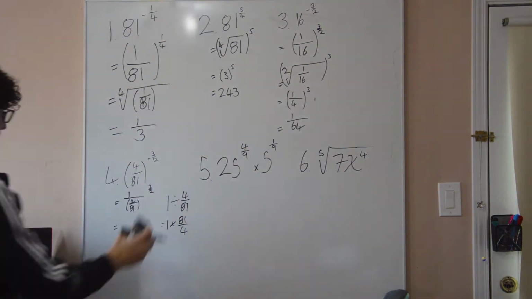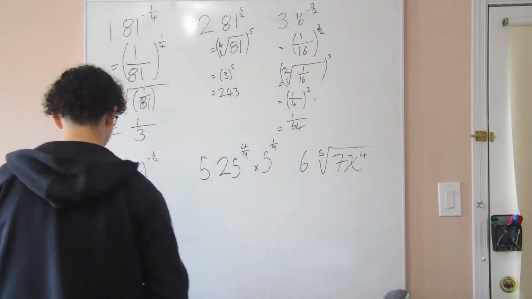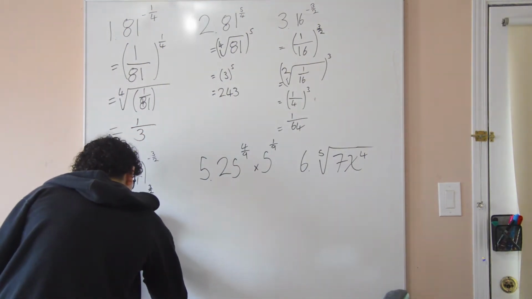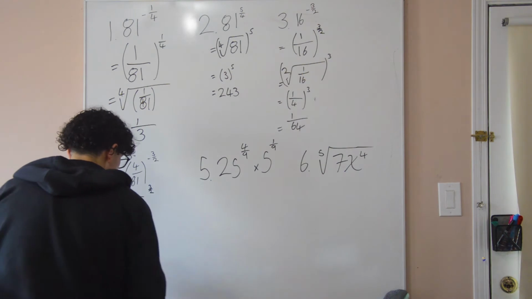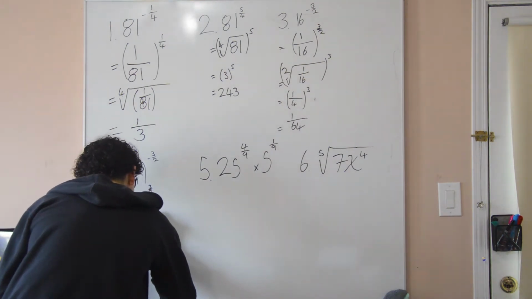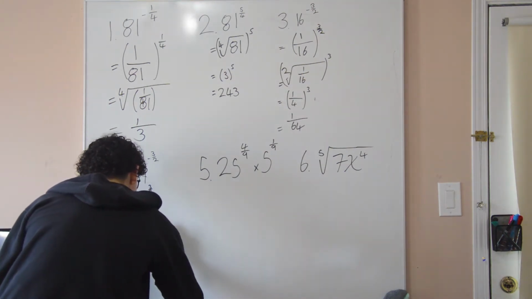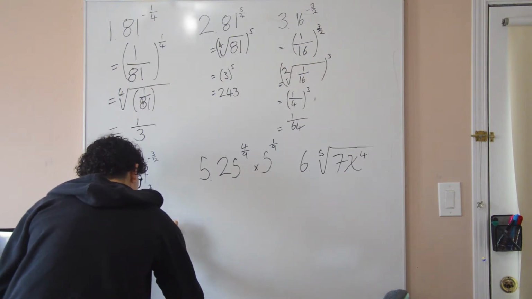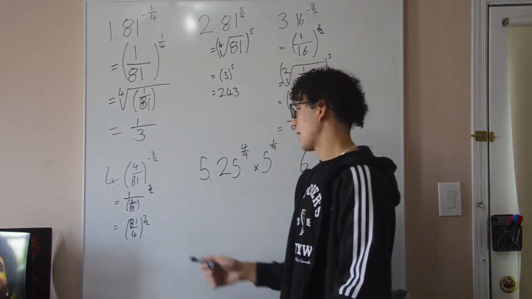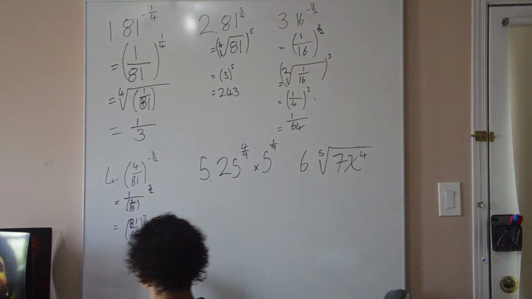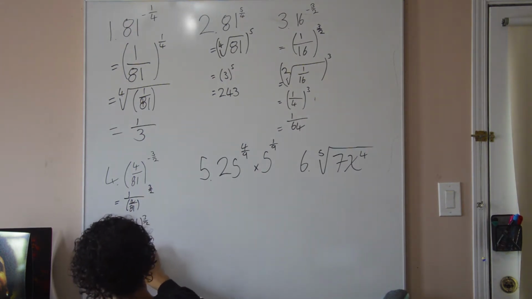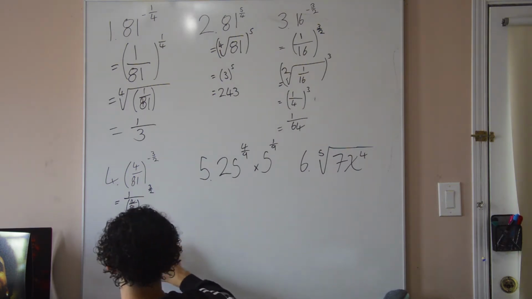I'm just going to go ahead and erase that for room. So 81 over 4 to the power of 3 over 2. Just like that. And now we take the square root, all to the power of 3. Actually, I'm going to move it over. I don't know if you guys could see that.